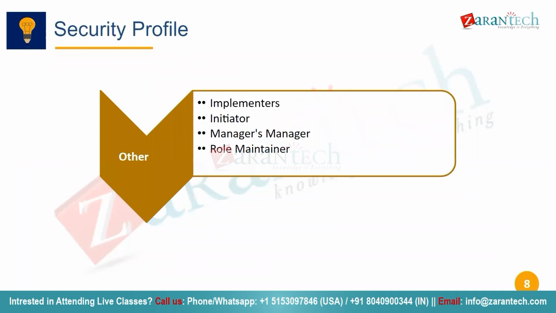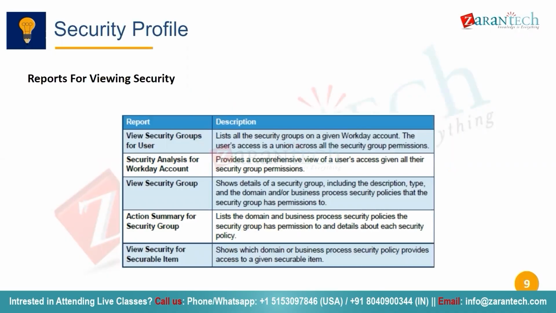Okay, and we have implementer access, which any Workday consultant or the Workday partners will have to the Workday tenant. So these are also different kinds of securities that are defined. Workday delivered securities, right? Initiator or manager's manager, role maintainer. These are also Workday delivered security groups. So again, I think we have already discussed this thing.